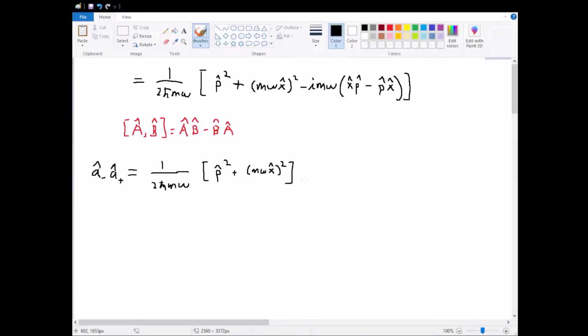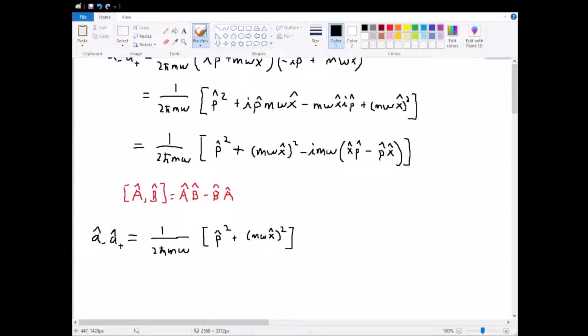Then let's use the distributive property. We have negative i m omega at the top and 2 h bar m omega at the bottom, so this becomes negative i over 2 h bar, and then the commutator of x hat, p hat.